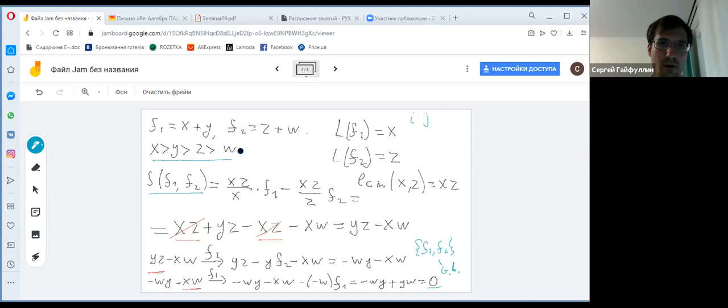And the task was not just for this ordering, but for every one. But it is clear that if I swap some variables, for example, then F1 and F2 should be the same.